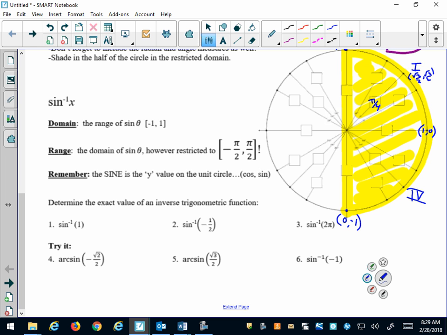Think about the fact that on the unit circle, it goes cosine, sine, right? So we're talking about at what angle is the y value 1?